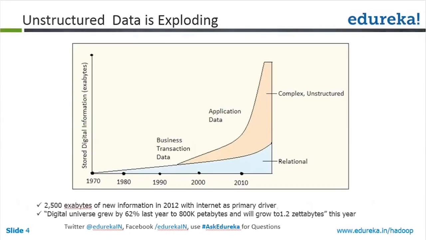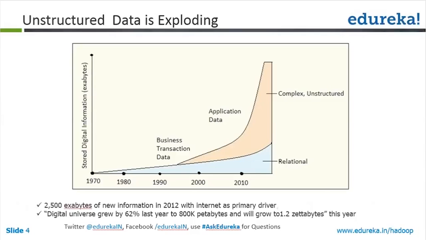Now, recently, with the growth of the internet, the majority of the data coming into the organization comes from the web, and that kind of data is in the category of unstructured data. Based on one survey, around 80% of the world's information right now is unstructured data.